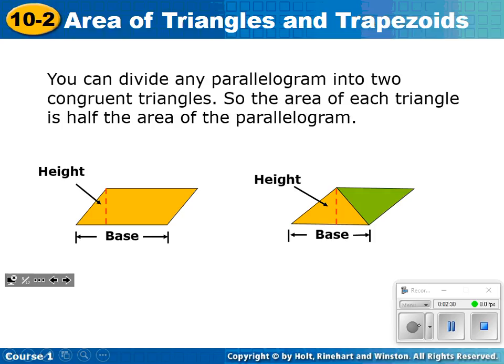Okay? So that's where we get our algebraic expression for a triangle. Let me ask you, Brett, how do you find the area of a parallelogram?